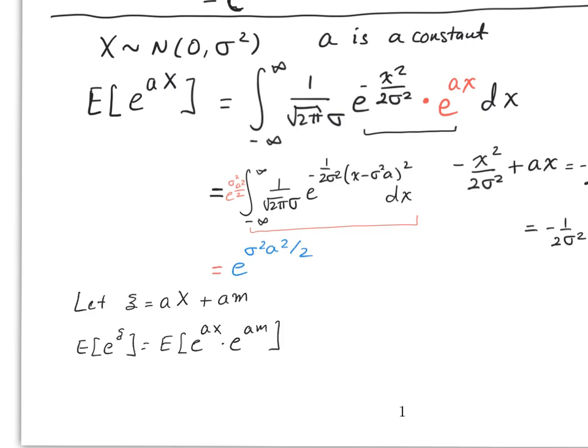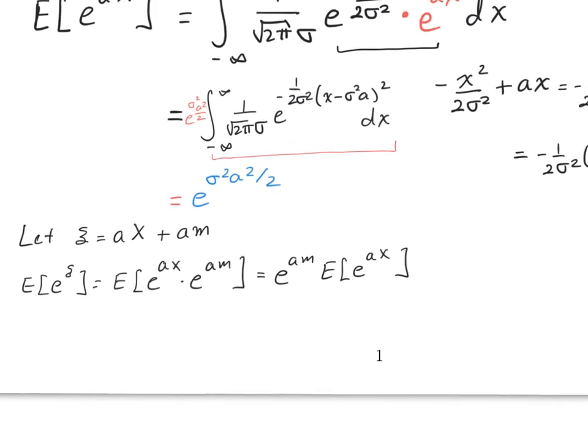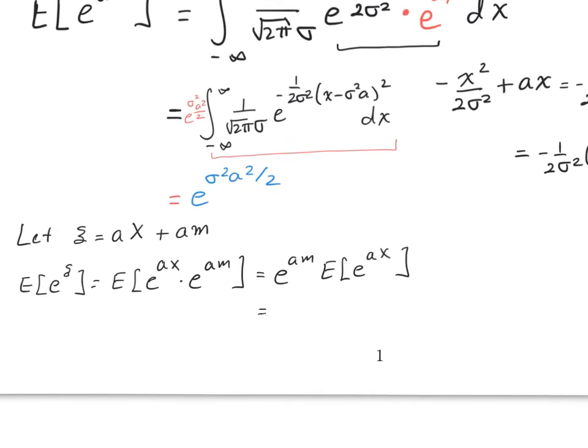Now, since this is a constant, you can take this out. So therefore this will be e to the m times the expected value of e to the ax. But we just found out the value of that: the expected value of e to the ax was e to the sigma squared a squared over 2.